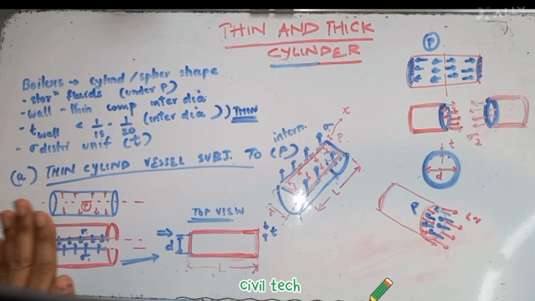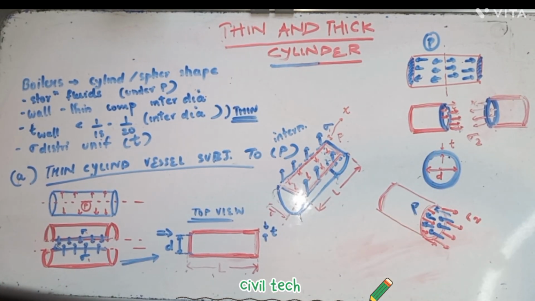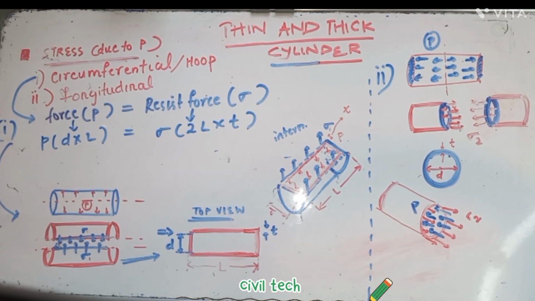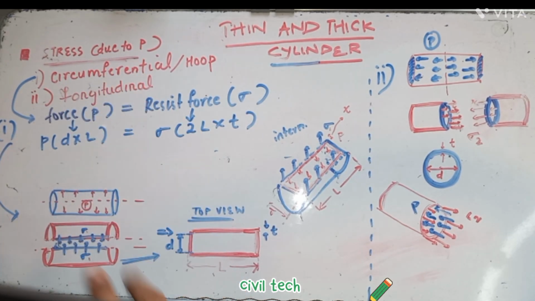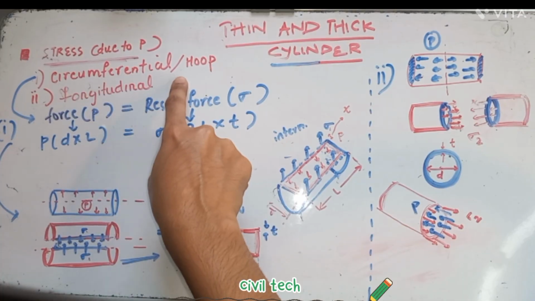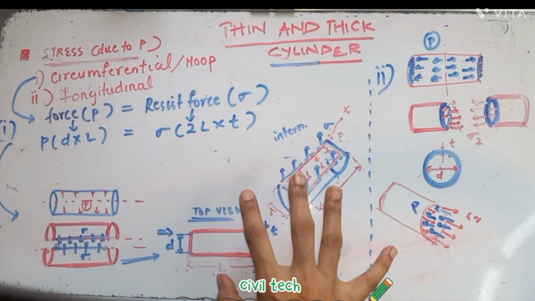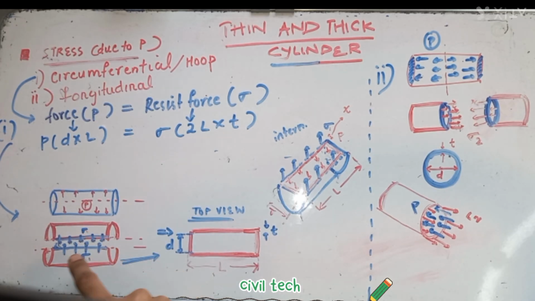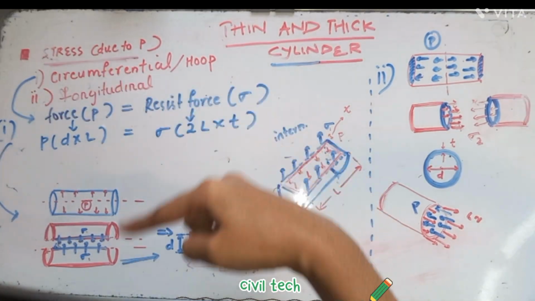Now we'll see the two case equations. Stress due to fluid pressure P: there are two types, circumferential stress or hoop stress, and longitudinal stress. This is the case of circumferential stress, the stress acting along the circumference.